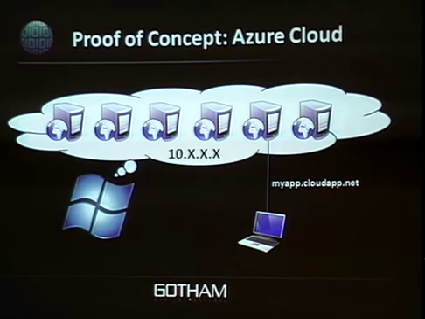Their cloud sits on a 10-dot network with all the other VMs, behind a firewall that translates your host name. Every time you deploy an app, you create a host name, like myapp.cloudapp.net, where cloudapp.net is the standard domain Azure uses, and that's translated inbound to one of the VMs on the 10-dot network.